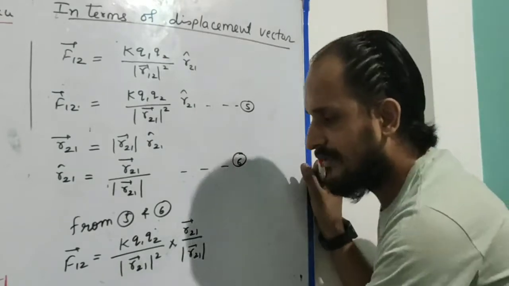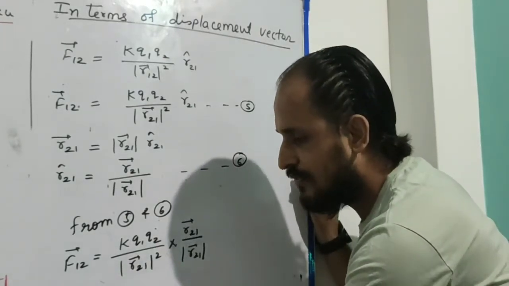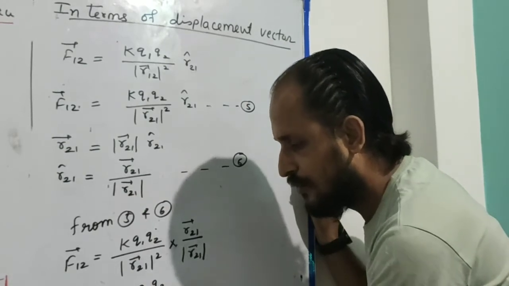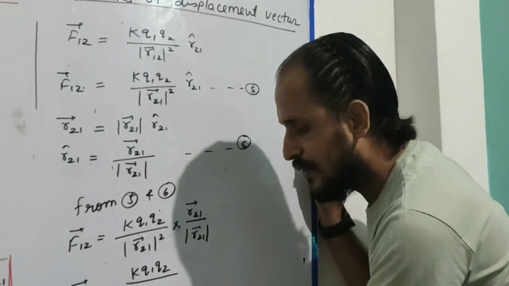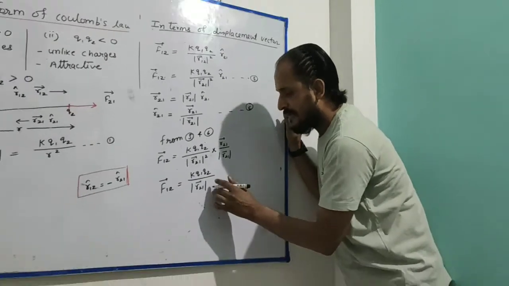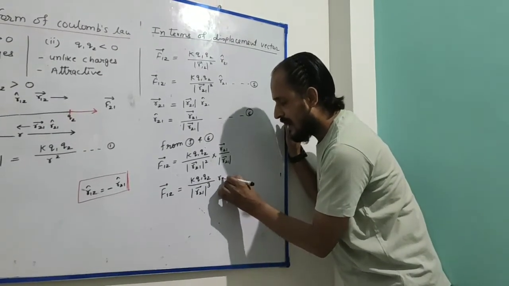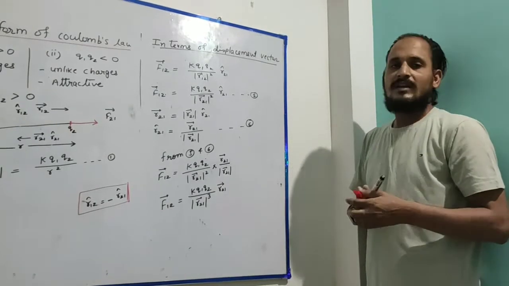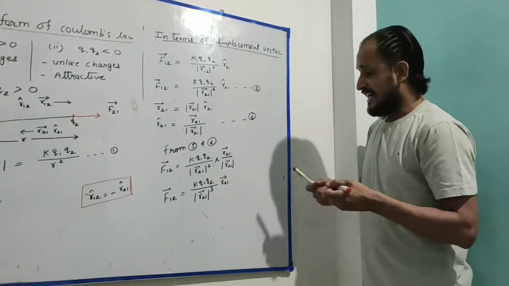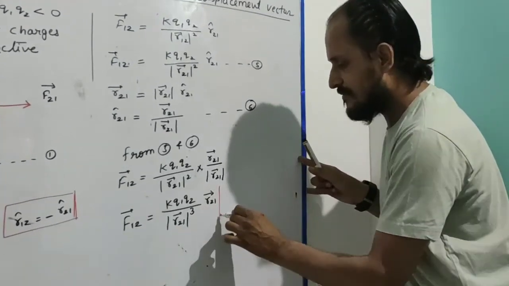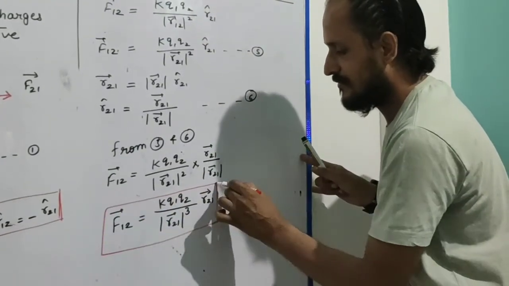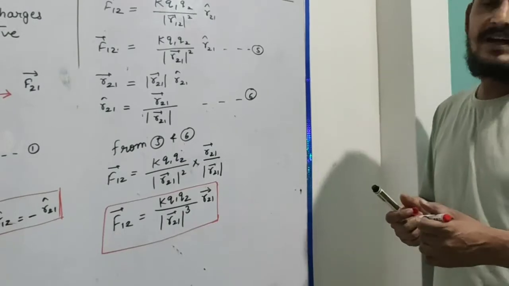So finally we will get F12 vector is equal to k q1 q2 upon r21 magnitude cube, r21 displacement vector. Here we have expressed the force in terms of displacement vector.